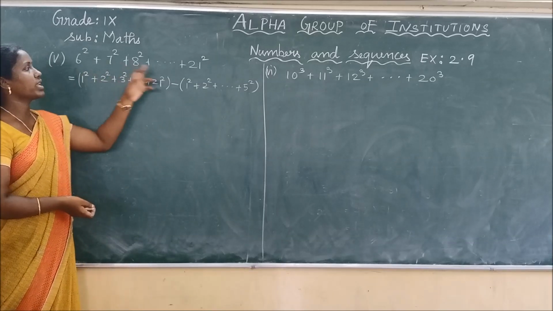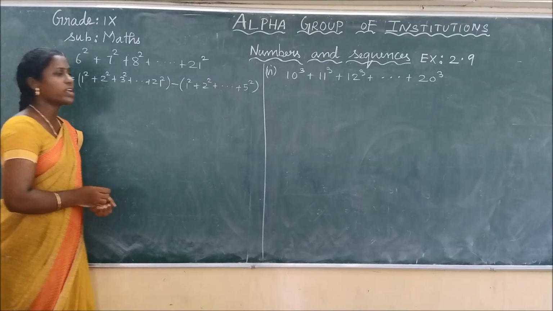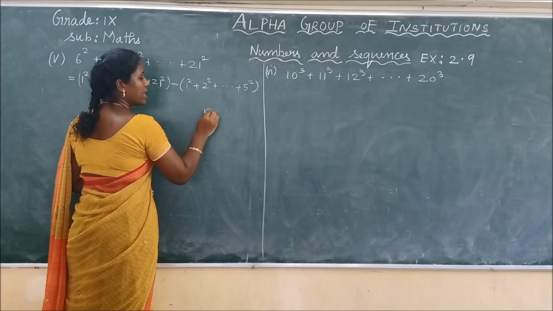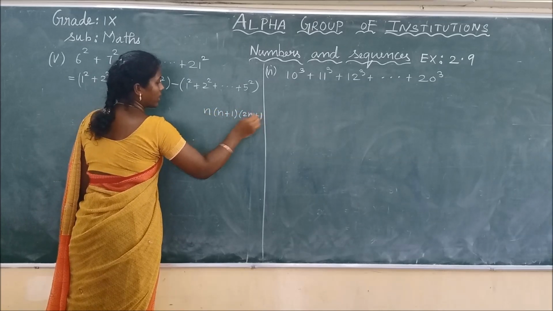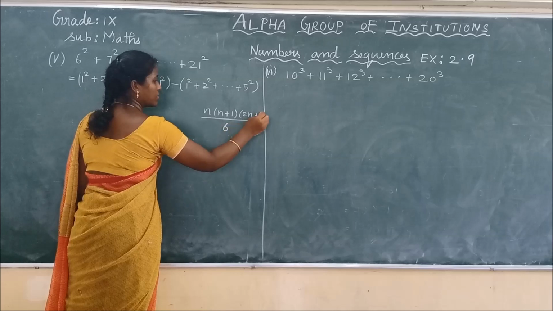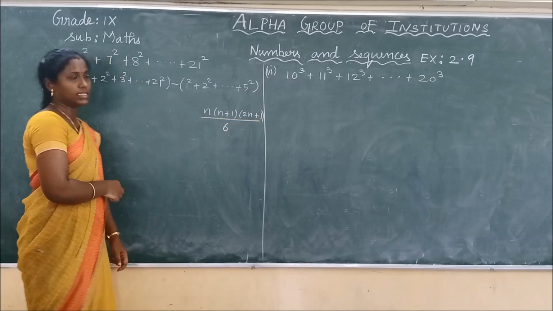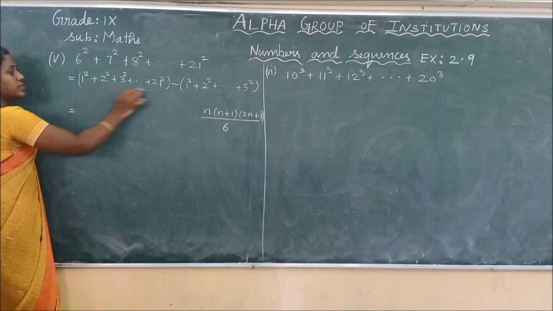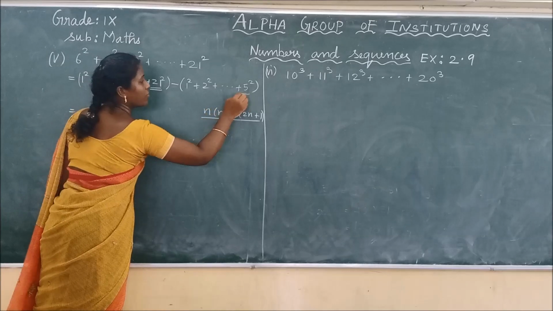So the right answer is 6, 7, 8 up to 21 square. So squares of natural numbers. What is the formula we have to use? n into n plus 1 into 2n plus 1 by 6. What is n in the first series? It is the last number, 21, and in the second series it is 5.